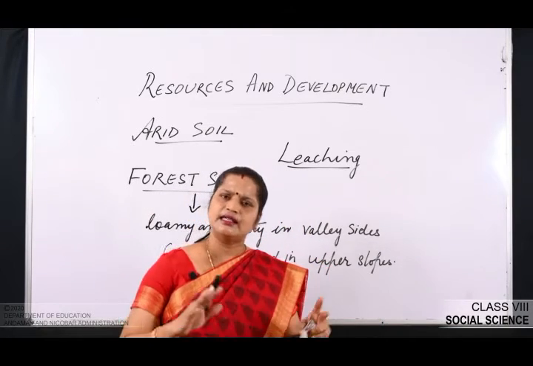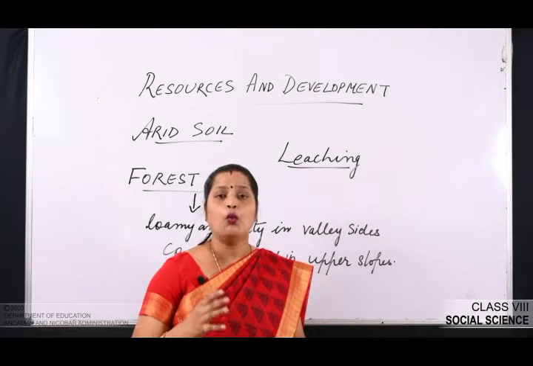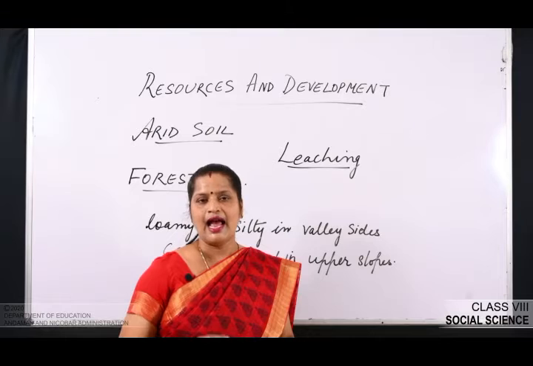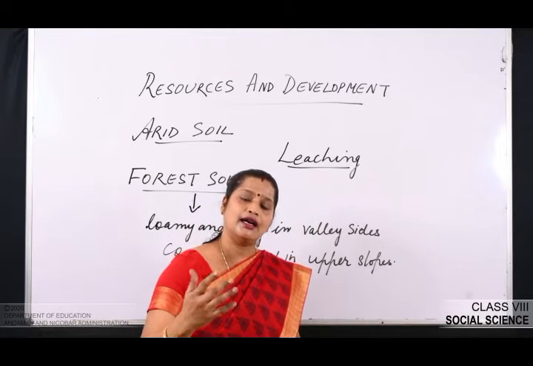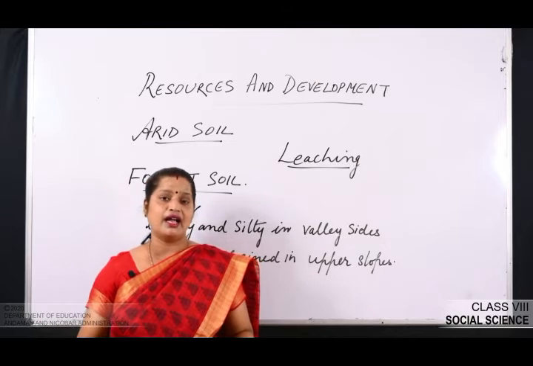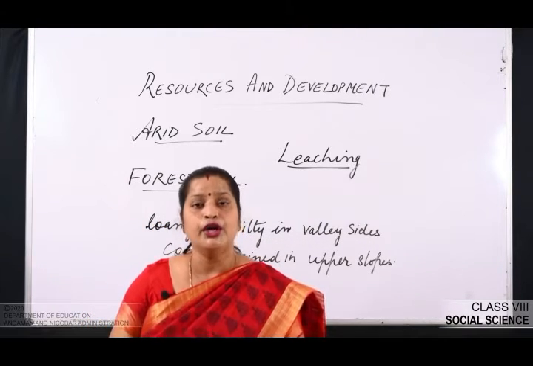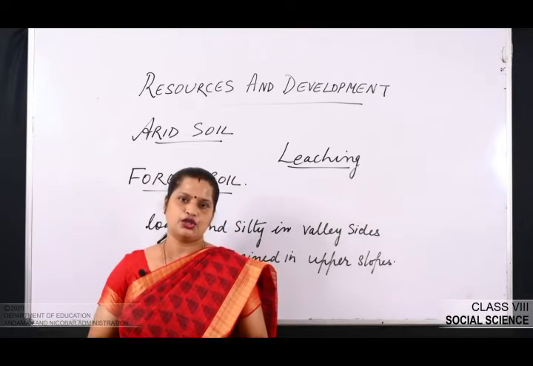Now, we have discussed the various types of soils. Now, we will discuss what soil erosion is and what soil conservation is. We will discuss the reasons behind soil erosion and the steps we can take in order to conserve the soil. Okay?